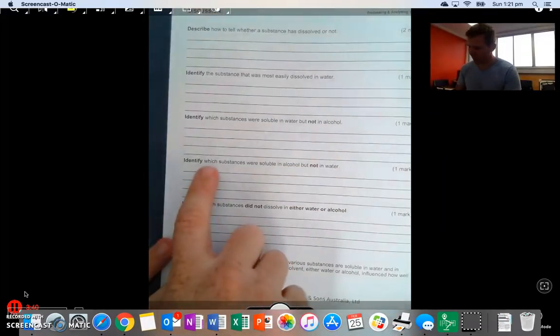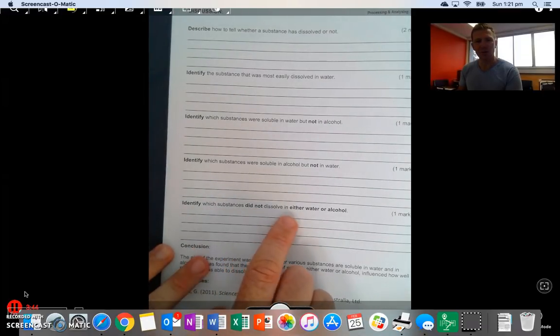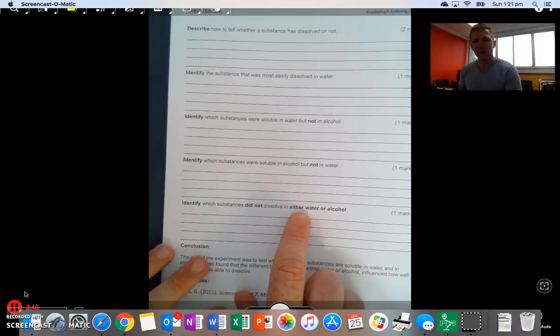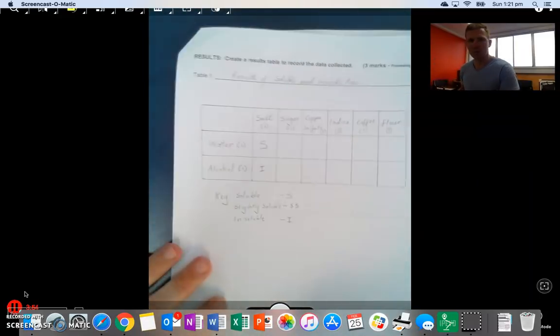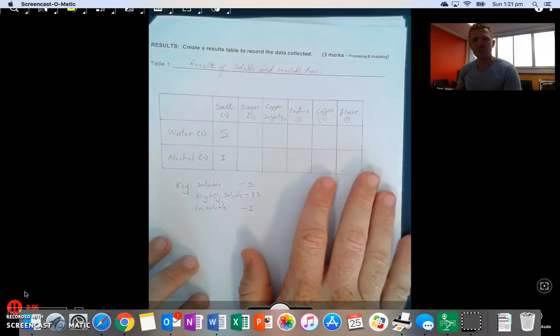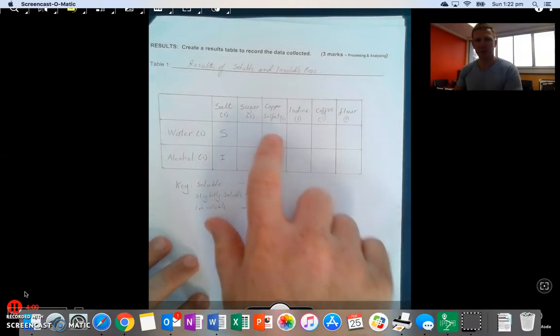It depends. And finally, identify which substances did not dissolve in either water or alcohol. So you're looking for insoluble for both water and alcohol. Again, you go back to your results table here, and you're looking for insoluble and insoluble. And which one is it?